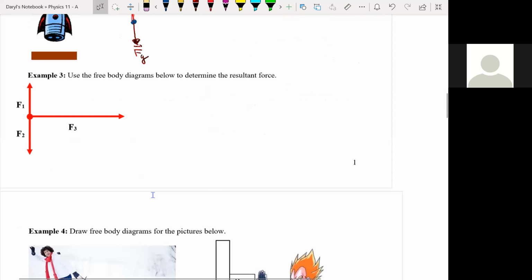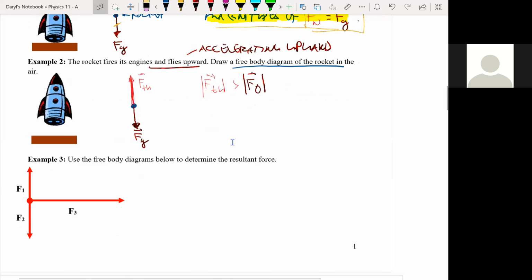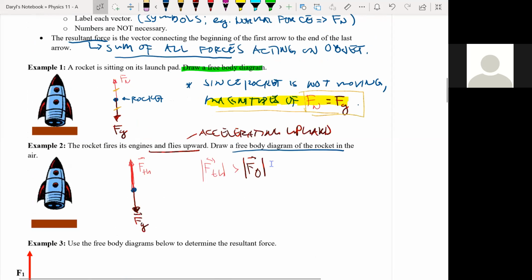Okay, let's take example number 3. Sorry, yes, teacher. Example 2, I think you need to depend on the time, because when the rocket starts to fire and when the rocket is at constant speed, the balance is different. Yes, the balance is actually different. That's why I placed the words there, accelerating upward.